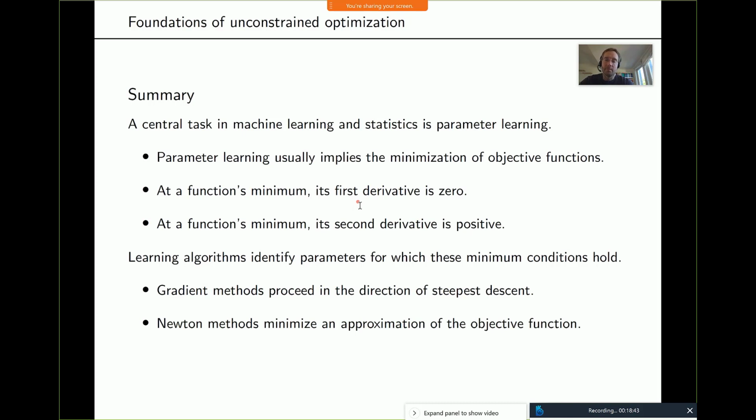These are the basic methods that are being used in machine learning, and of course people are very imaginative, and for specific problems might come up with a very specific method to minimize their objective function for a given machine learning or statistical model. But with knowing about gradient methods and Newton methods, you get quite far, because everything that you find in a specific scenario is usually a variant of a gradient method or a Newton method.